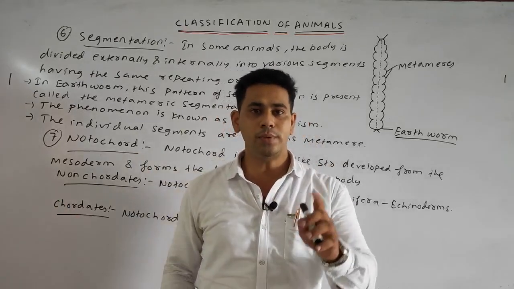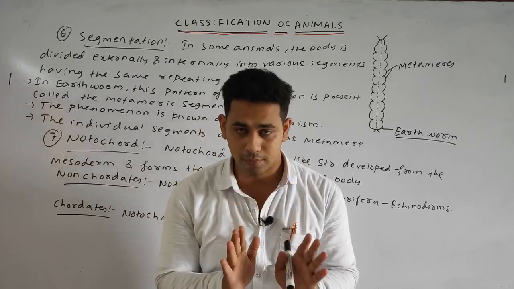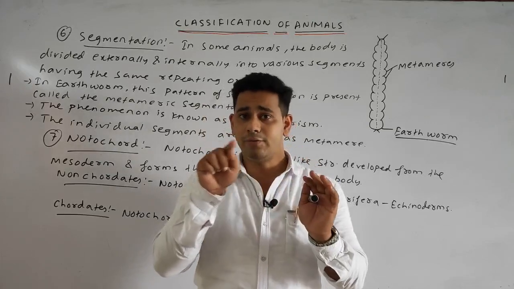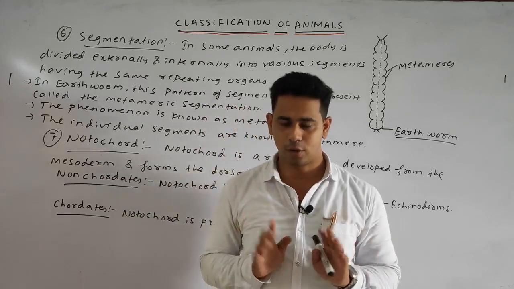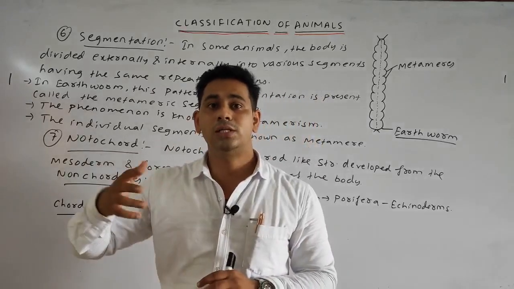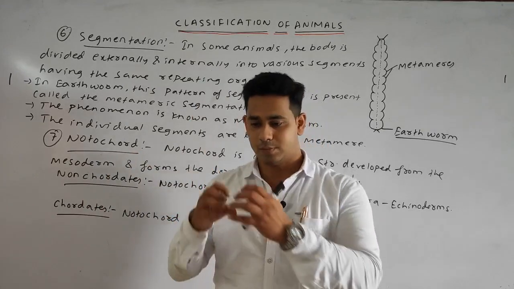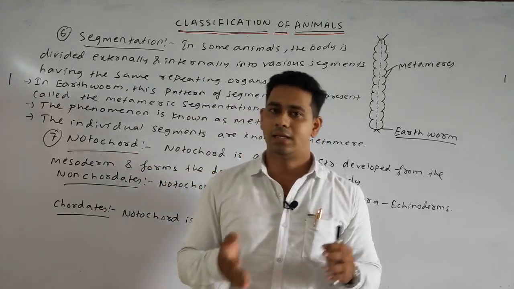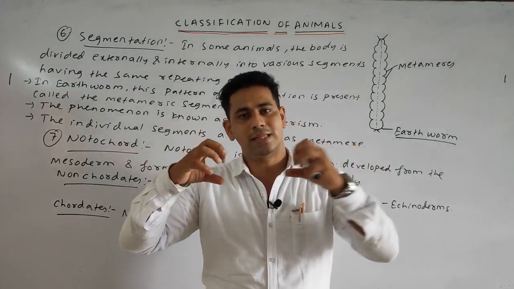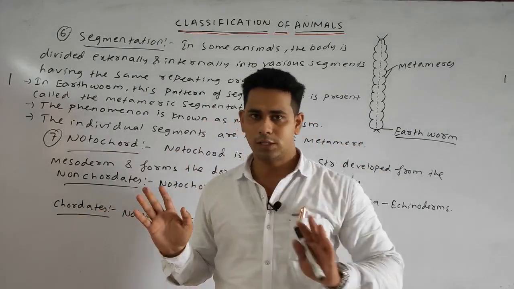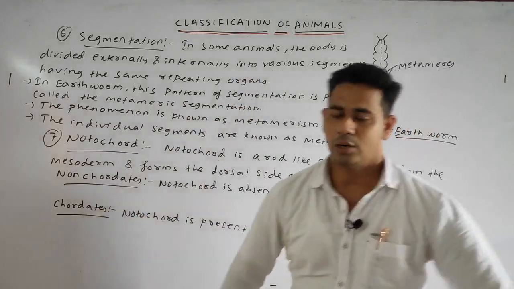Okay, true coelom means if the coelom is completely lined by the mesoderm, then it is called true coelom. False coelom means various mesodermal pouches are present and it is not lined by the mesoderm. Okay, simple. And next we discussed how the coelom is derived or developed. We discussed the schizocoelic, in which the splitting of the mesodermal cell takes place, and the enterocoelic, in which pouch-like segments of the archenteron split finally to form the coelom. Next we discussed the segmentation, and lastly we discussed the notochord.